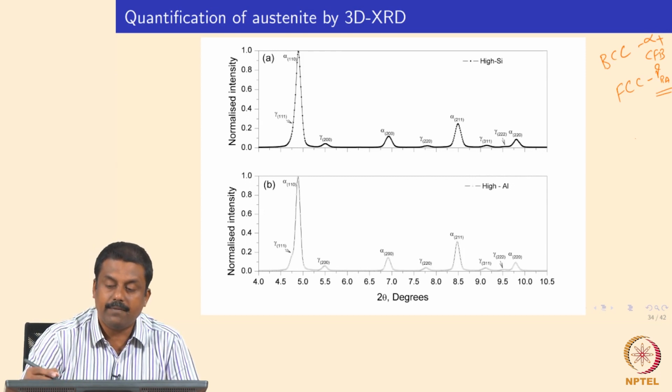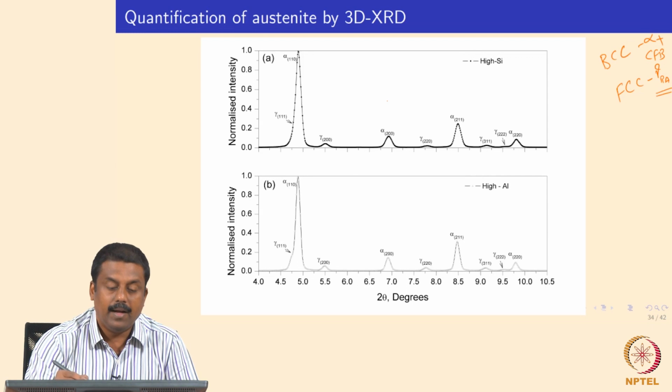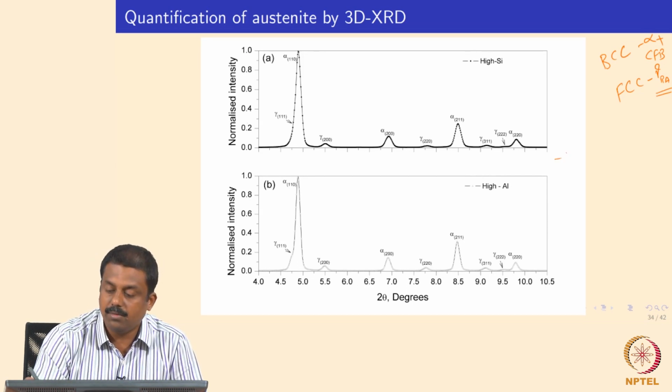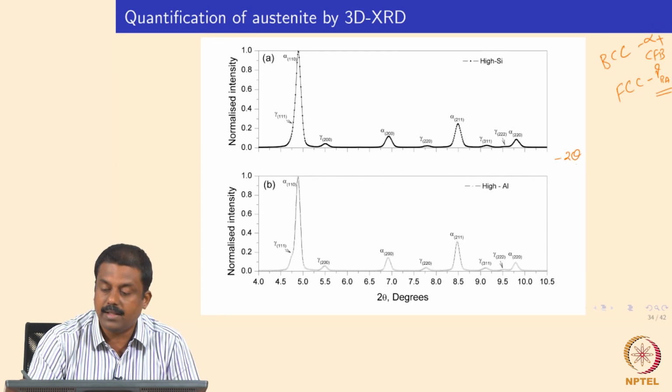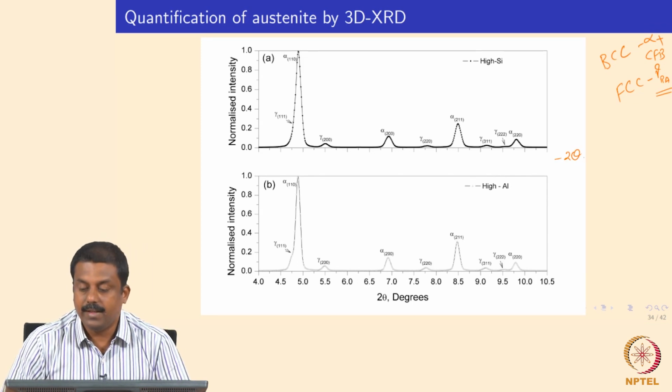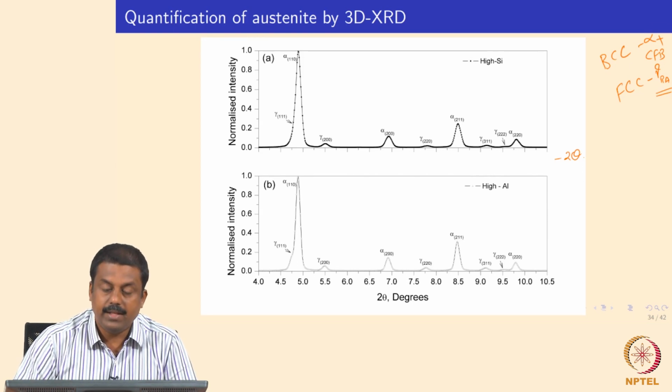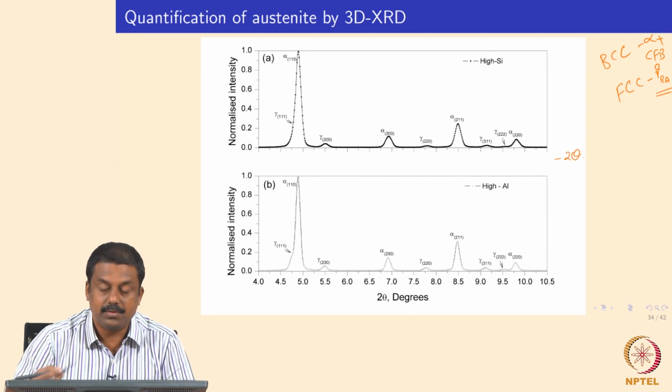So we get the diffraction patterns, the intensity of the diffraction as a function of 2 theta, which is the angle between the incident and diffracted beam. You can refer to textbooks which describe X-ray diffraction, because it is too much for this course.